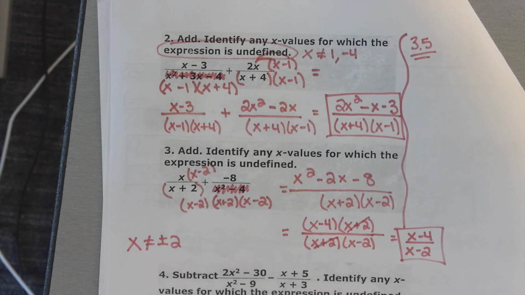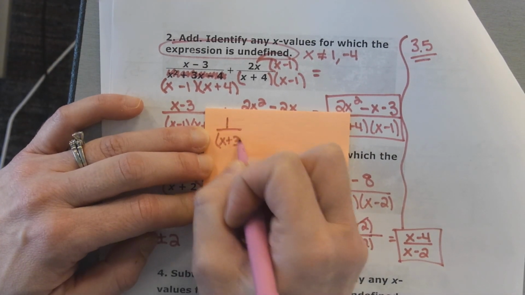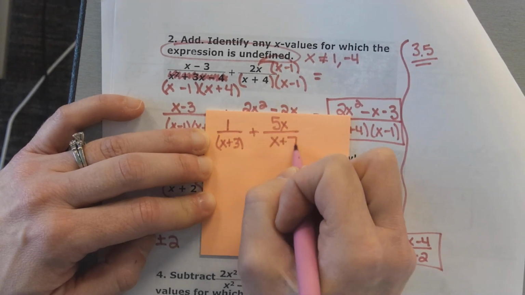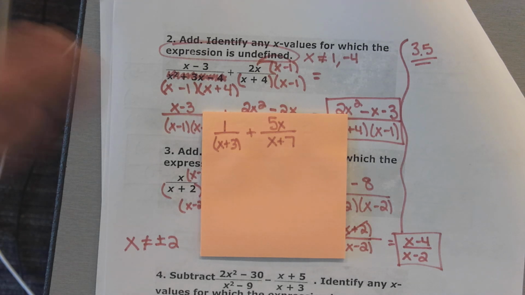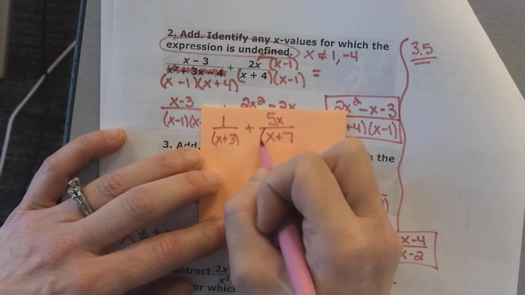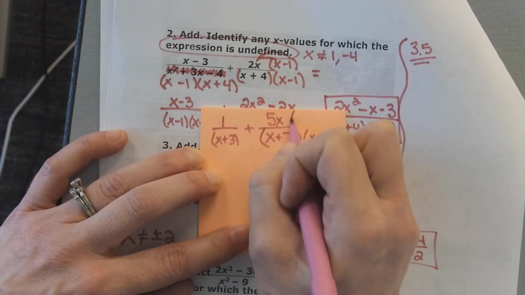Before we move on to my bonus example, I want to mention one other thing. Let's pretend for a minute that we had had something like this. Do you see how I can't factor either one of these? Okay. So in order to get a common denominator, sometimes, it didn't happen in either of these two problems, but it could happen. I would have to, in this situation, give this one an x plus 3.